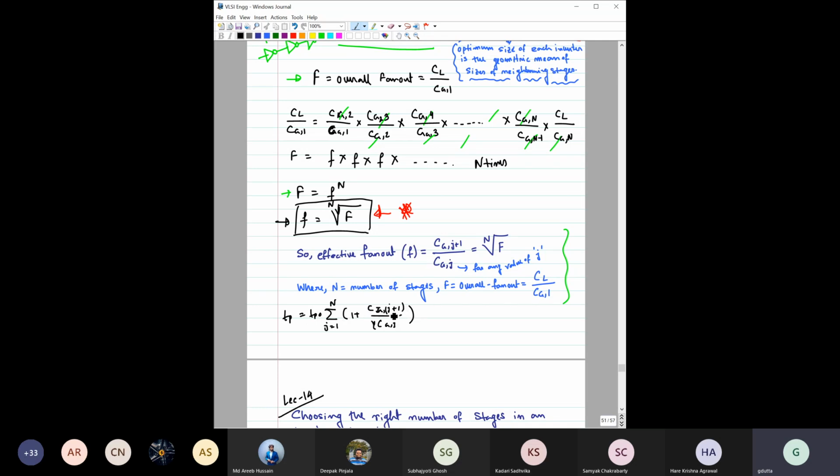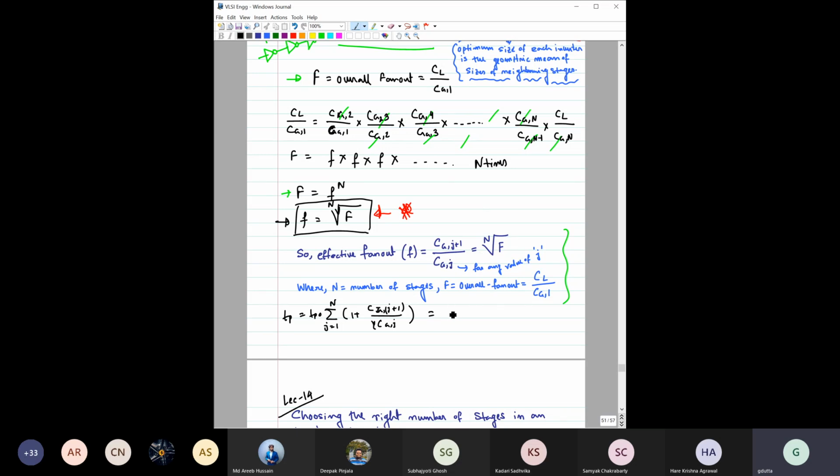Now we have also seen these factors, if you just keep on adding, and this is the summation, right? There are n stages, so obviously you will have n terms here, and this will result in what you can see from here. This is actually the nth root of f, so it will be n times the nth root.